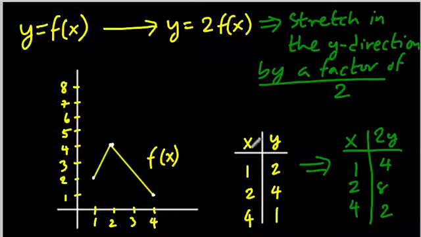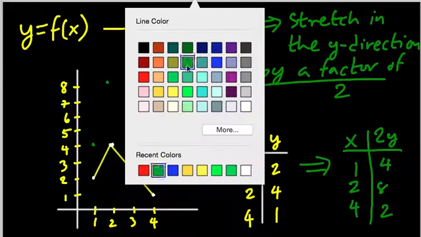Let's plot this. Our first coordinate is 1, 4, so that would be somewhere here. Then we have 2, 8, which would be somewhere here. And then 4, 2 would be somewhere over here. Let me connect these dots with a straight line.